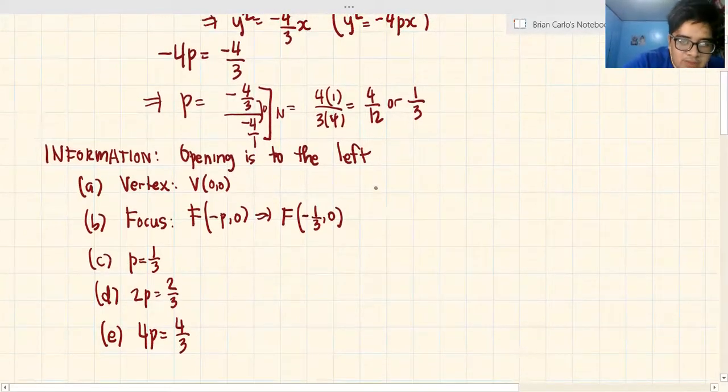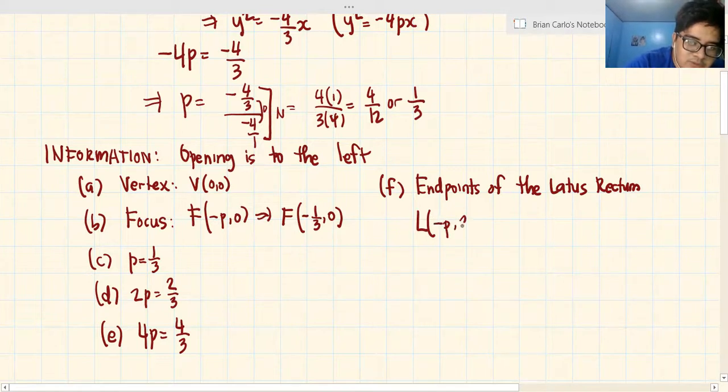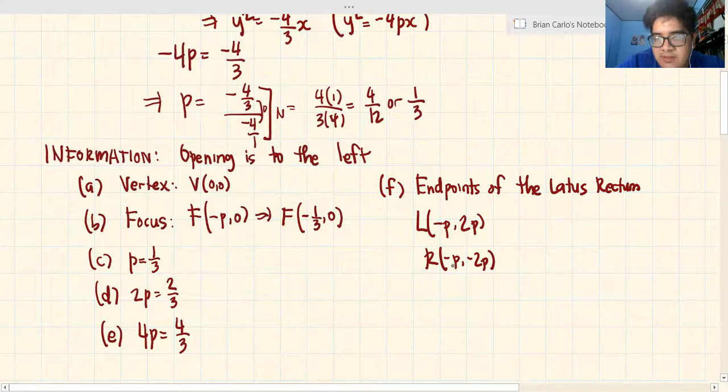Sunod, yung endpoints of the latus rectum. This is L at R. Ang L ay negative p, 2p, tapos R is negative p, negative 2p. Ang pinagkaiba nito sa nakaraan, previously, this is p, 2p. Bakit naging negative p to? Kasi dumadaan ka sa focus, negative p ang x-coordinate nun.